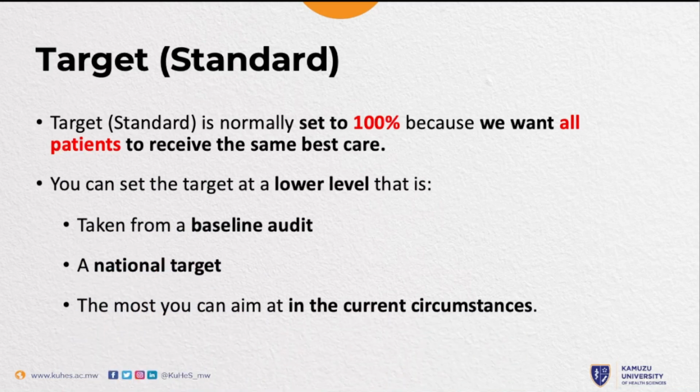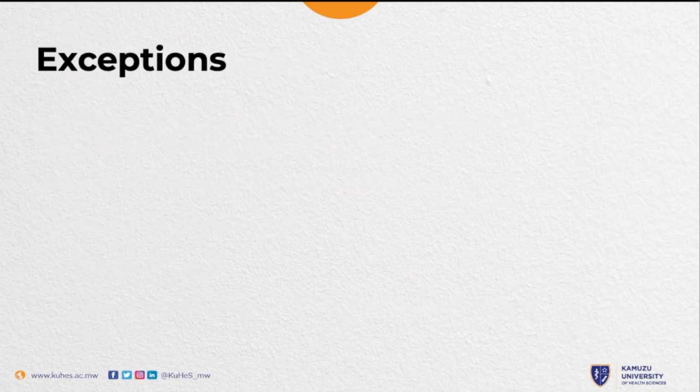But you can use a lower number because of some issues that you have, or there is a national target, or there's a baseline audit that was done before, and you found that this was the percentage that people were having. So you are choosing that one as a target. But you usually set your target to 100%.